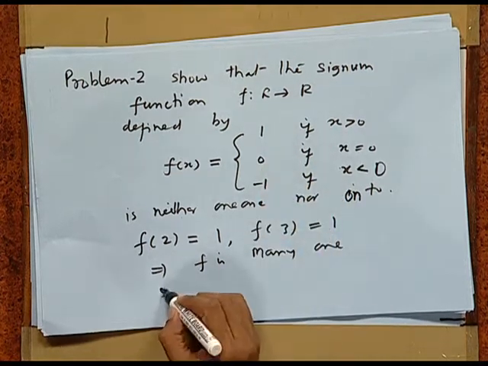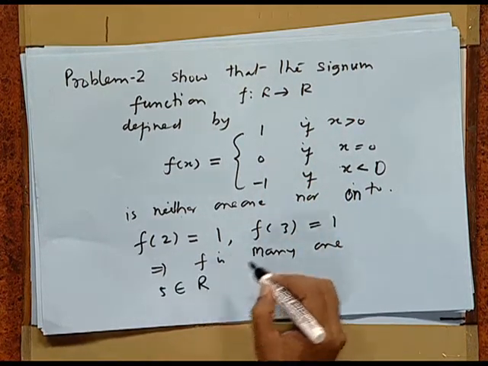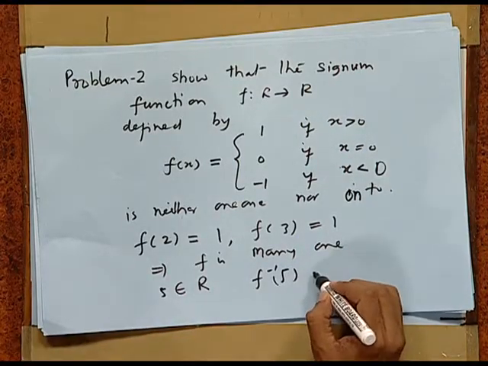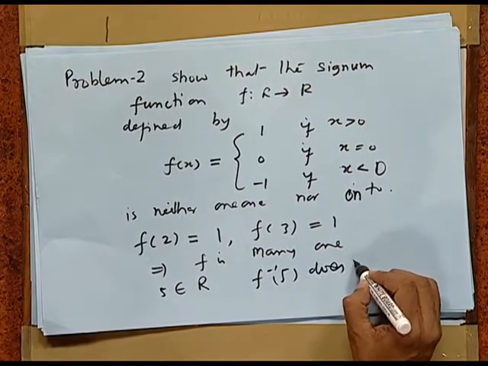Say suppose we take 5, 5 belongs to R from the codomain and there is no pre-image for it, means there is no element in R whose f image is 5. So, f inverse 5 does not exist.